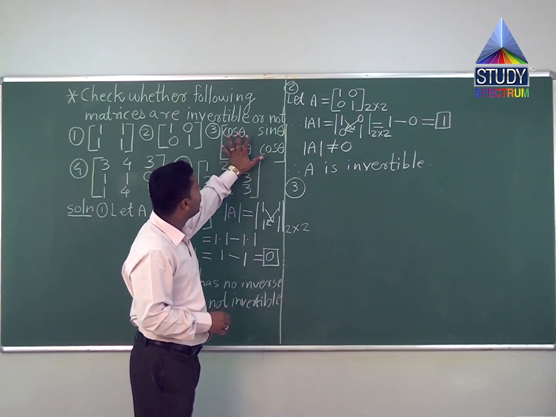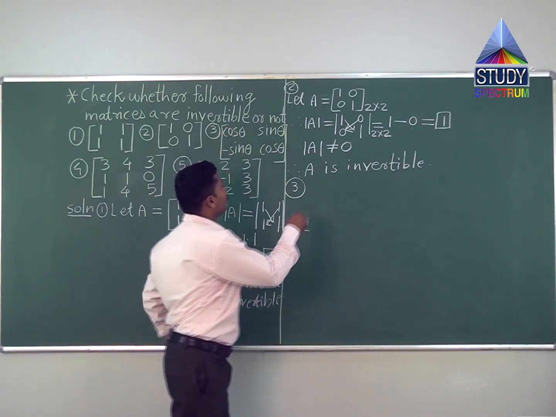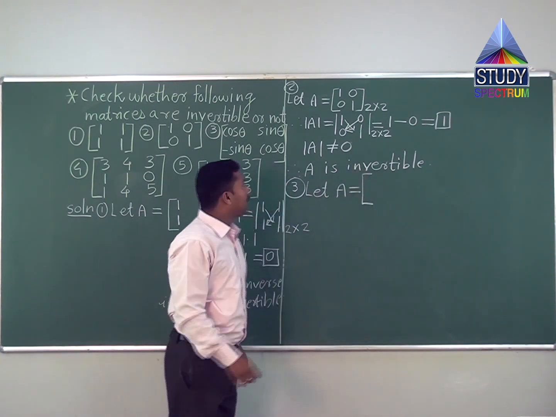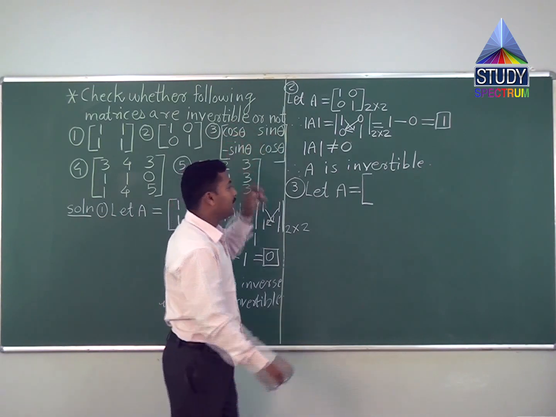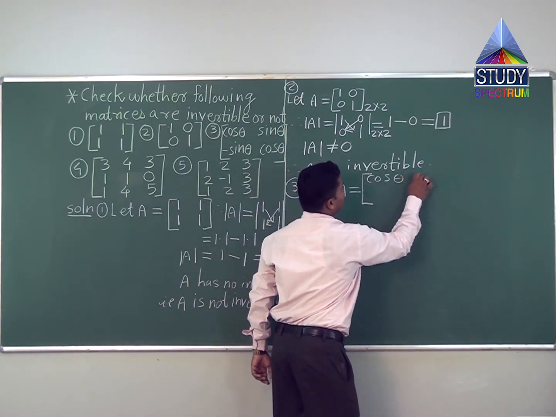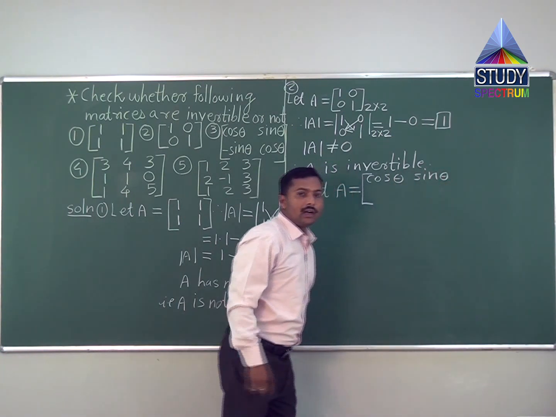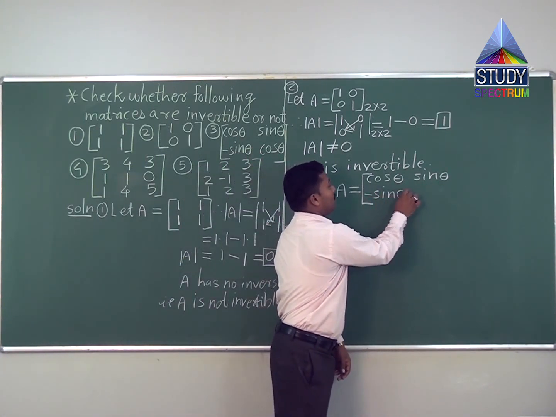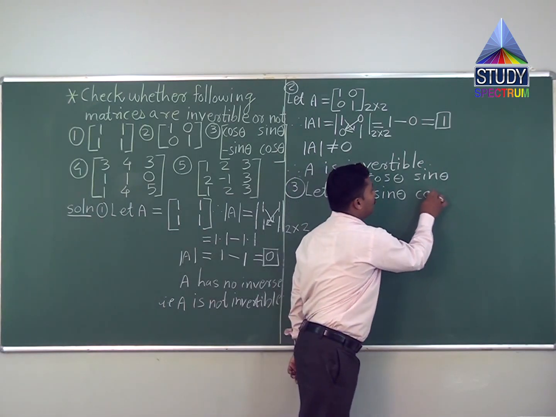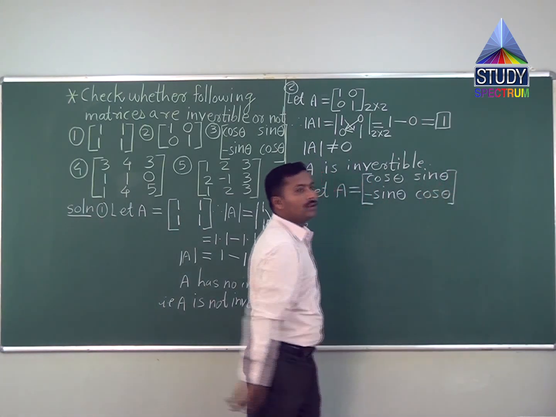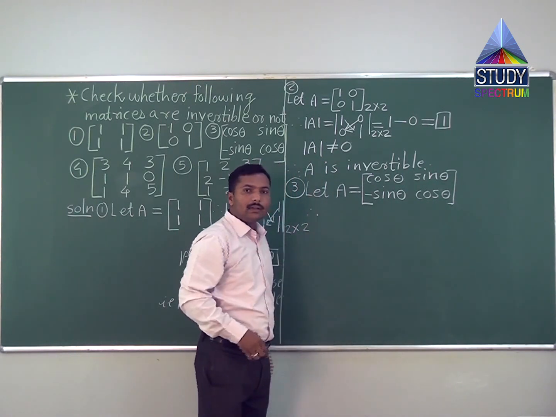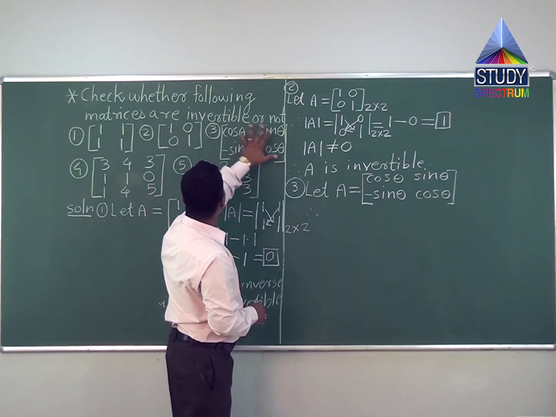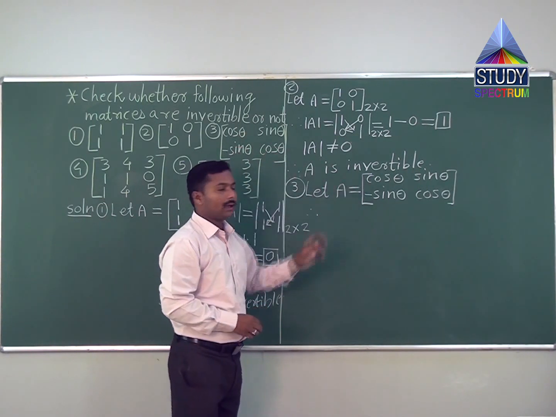Again we assume this given matrix is A, so let A equal the given matrix, first row cos theta, sin theta, second row minus sin theta, cos theta, and we again find the determinant of this matrix for checking the invertibility of this matrix.